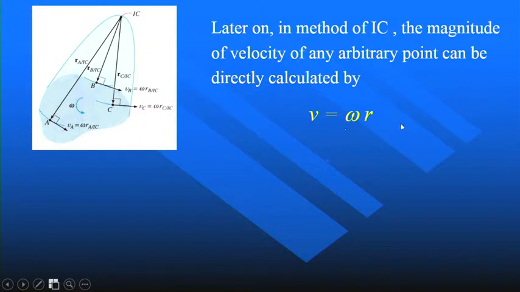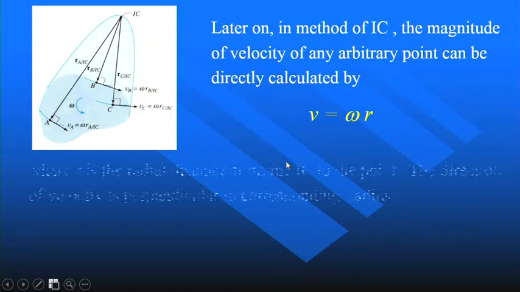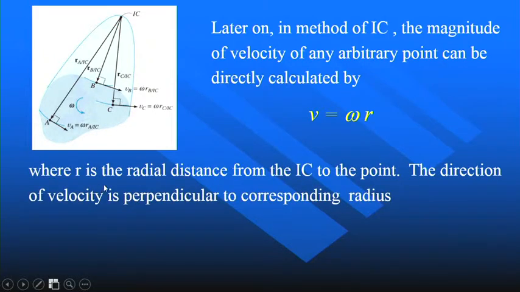Only solve for the magnitude of V. So this is a scalar formula, where R is the radial distance from the IC to the point. The direction of velocity is perpendicular to the corresponding radius.